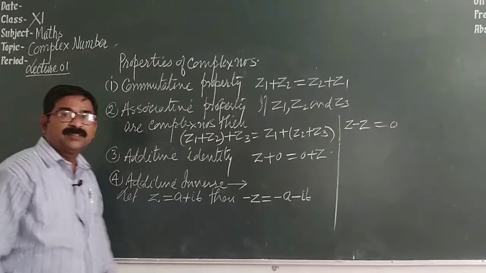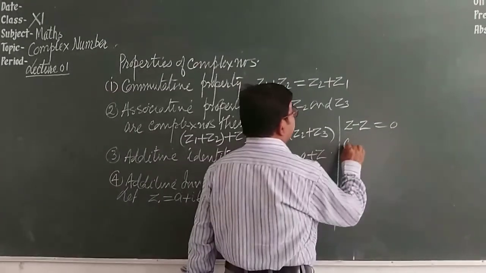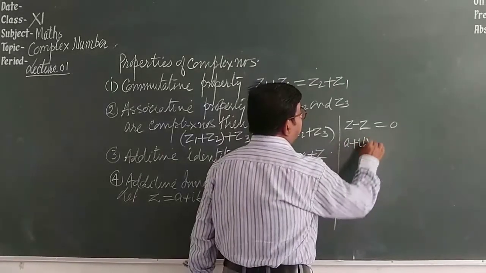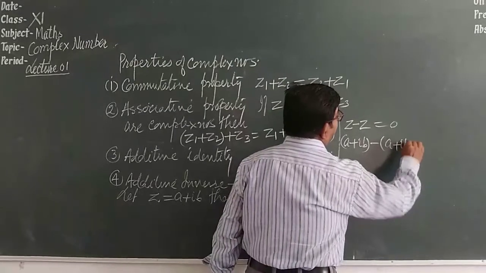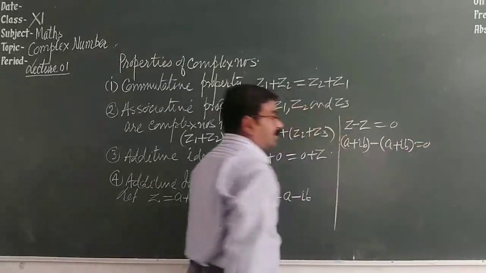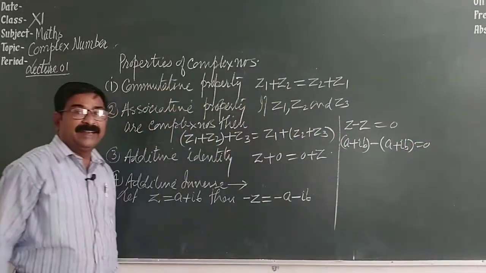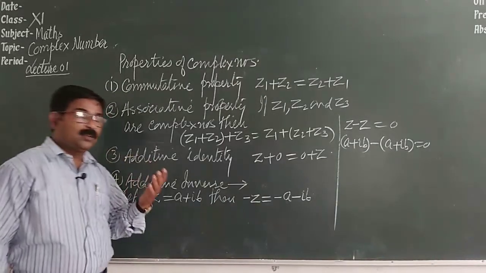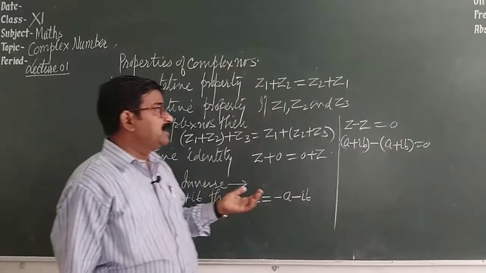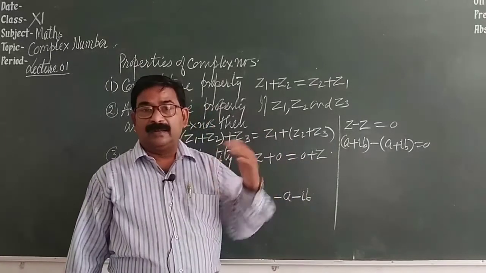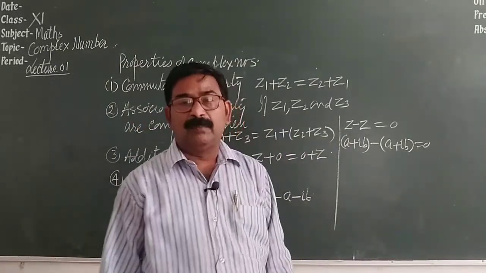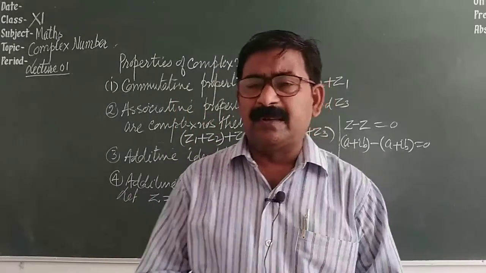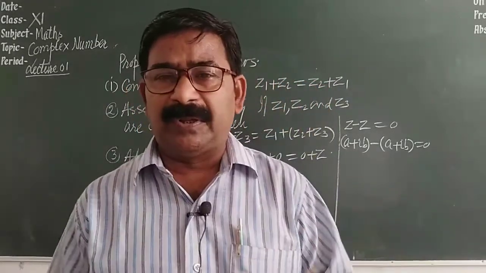Z minus z is equal to 0 means (a plus ib) minus (a plus ib) is equal to 0. So what is additive inverse? Additive inverse of a complex number is just minus z. Means if the complex number is z, then its additive inverse is minus z. So these are very simple terms to be learned, very simple things.